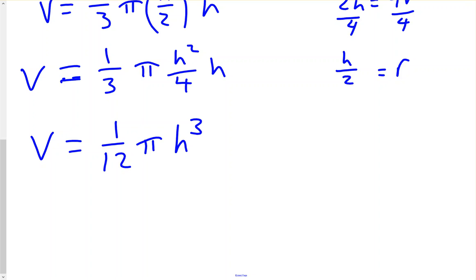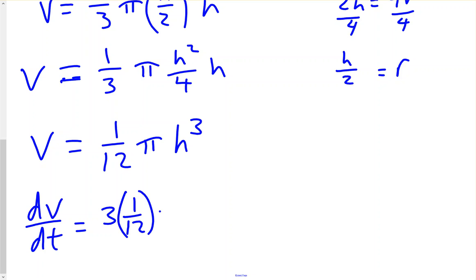Okay, so now I could take the derivative of both sides. So I have dV/dt equals, a power rule, 3 times 1/12 times pi, reduced the power by 1, times dh/dt.